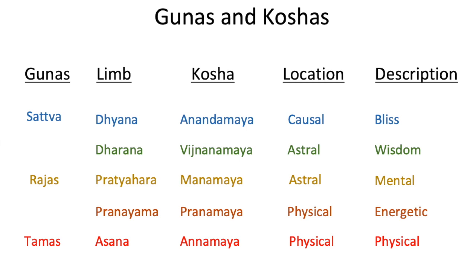Dhyana, the meditation, is our bridge into the bliss body, into the causal body. The meditation is when we actually can merge and become and relate to our object of concentration, is dhyana. So these gunas and the koshas have a direct correlation between all of those.